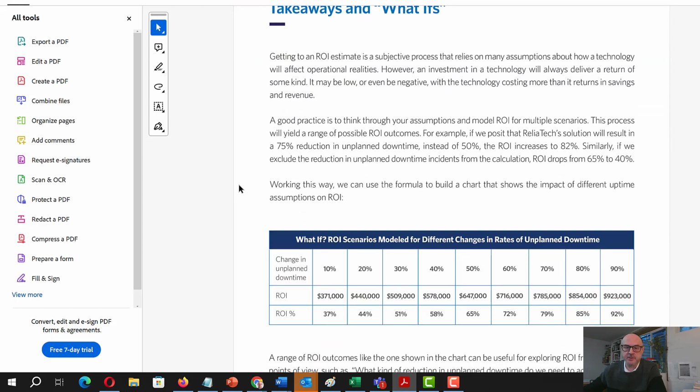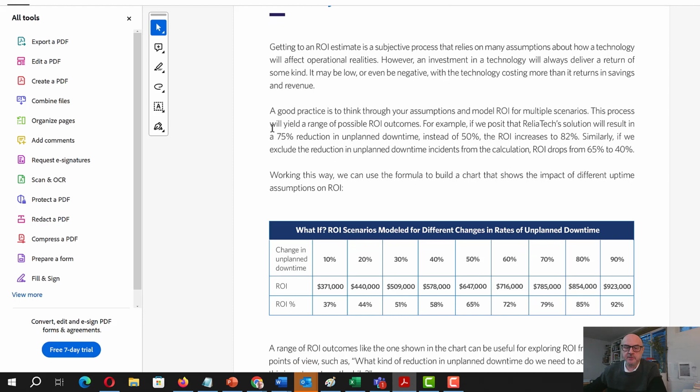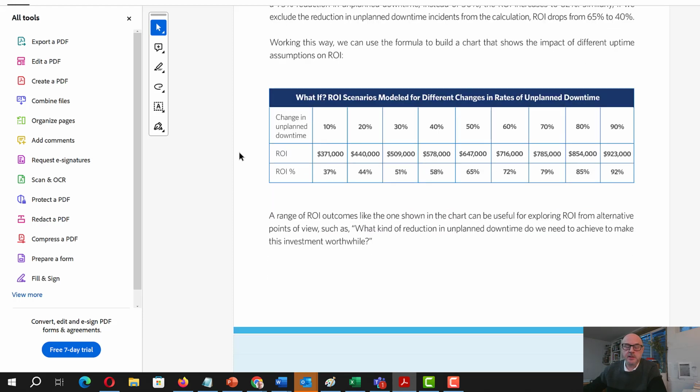Everything is spelled out in these charts with explanations, change in incident response, reduced opportunity costs, lost revenue, reduced spending on cybersecurity, and then we have a summary of the overall ROI calculation.